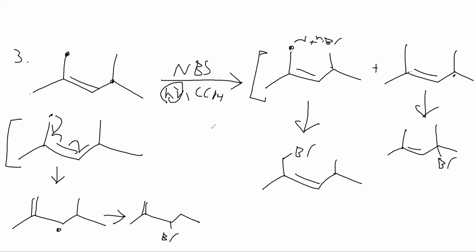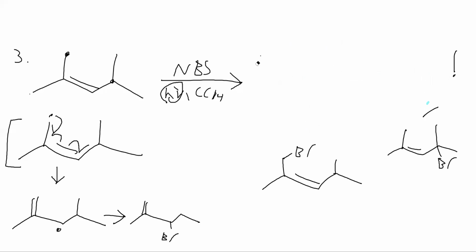I'm running out of space, so I'm going to erase this stuff up here to keep the products. So the other allylic position has a radical that can also have a resonance form.